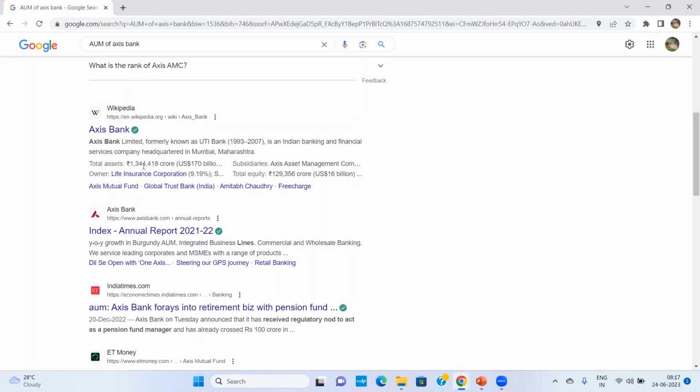Total asset is 13,44,418 crore. So if this is the one, then they have adequate capital.